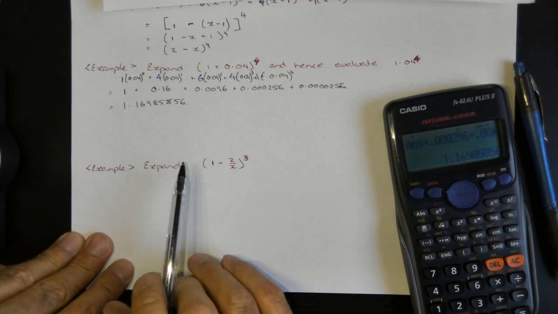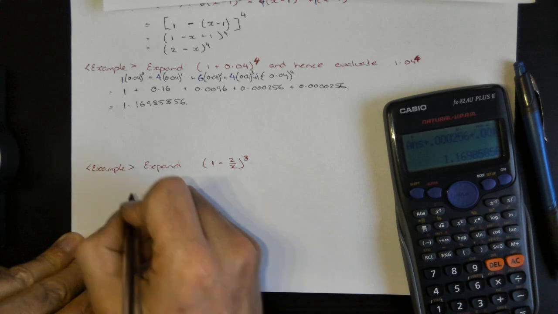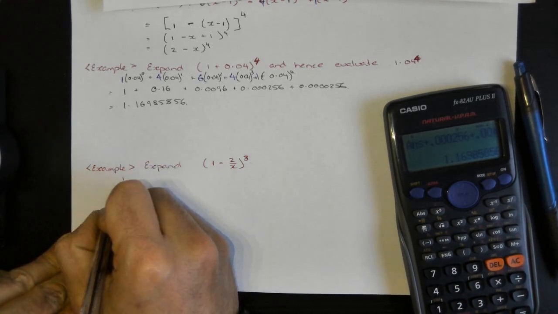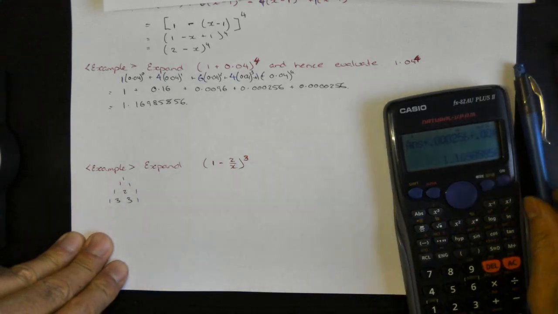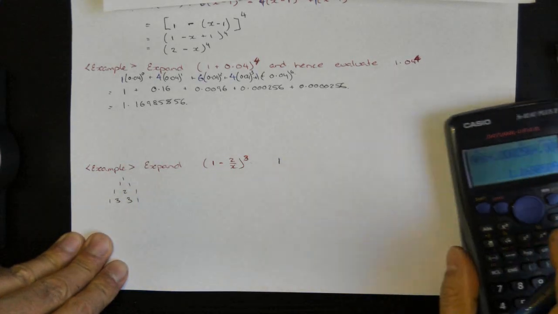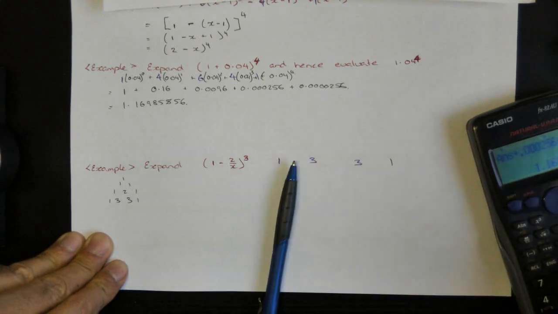Okay, let's look at this one. We want it to the power of 3. If we're looking at that, 0, 1, 2, 3, so we've got 1, 3, 3, 1.